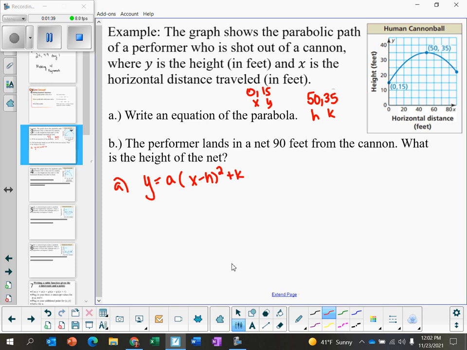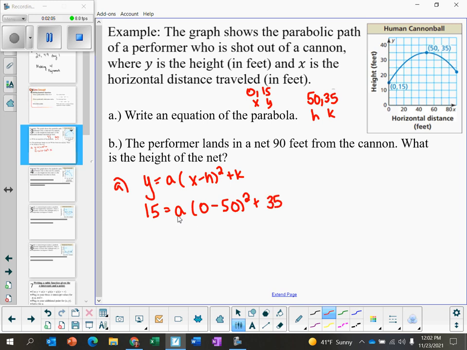And I'm going to plug in everything except a. So that means I'm plugging in the y, the x, the h, and the k. So that's going to be 15 equals a times (0 minus 50) squared plus 35.